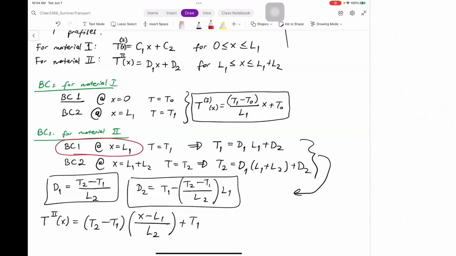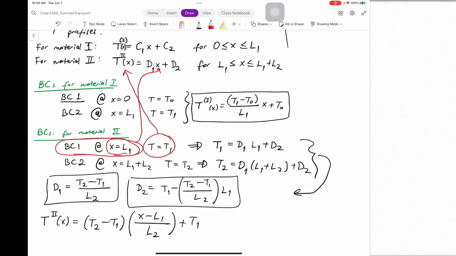It's valid for material 2, and this also is valid for material 2, right? So what I'm going to do is plug in x is equal to L1 into the equation for the temperature profile of material 2. And I should get temperature is equal to T1 for that particular x is equal to L1.